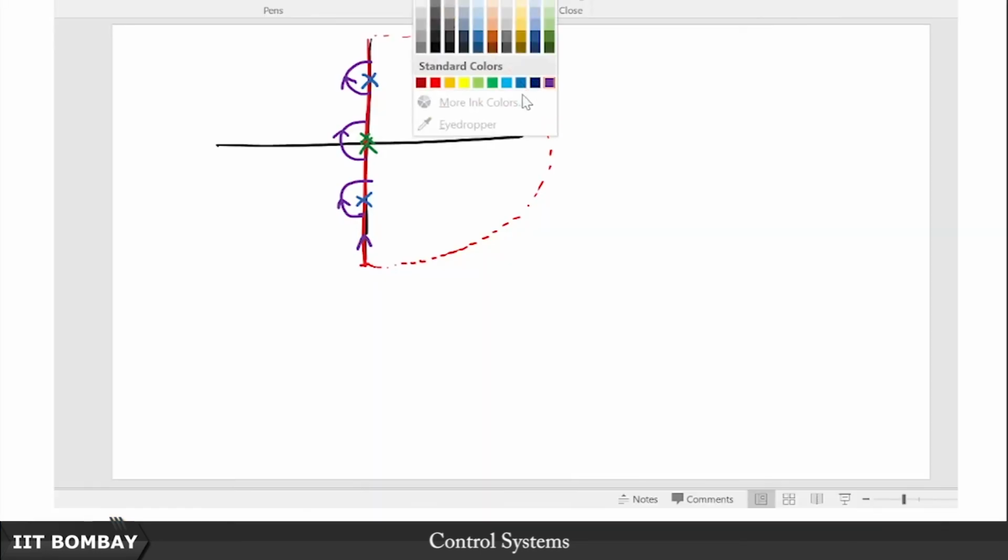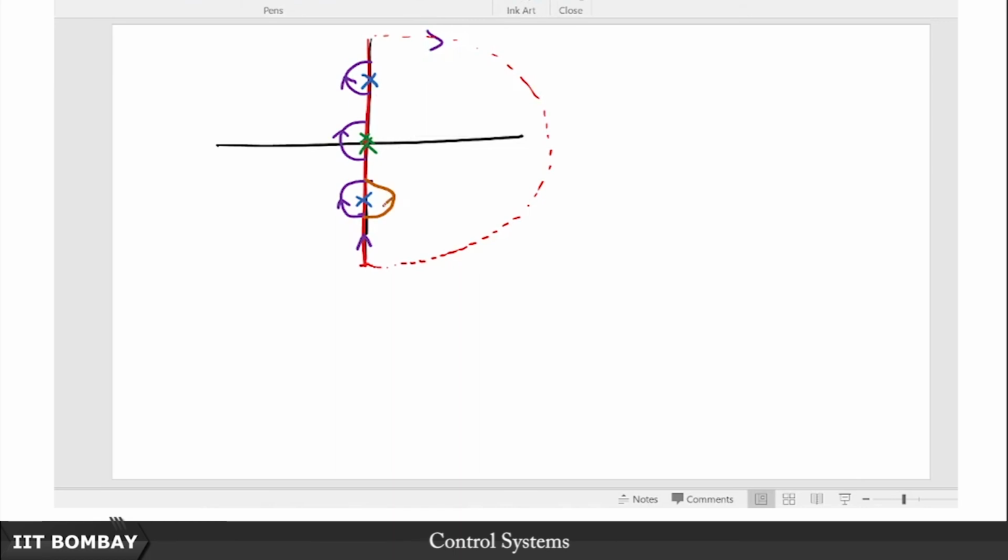The other way to do it is, of course, well, you can use, what color should I use? Okay, let me use this color. The other way to do it is, you can exclude them altogether. So you choose this. So then let me draw both of them in different colors.